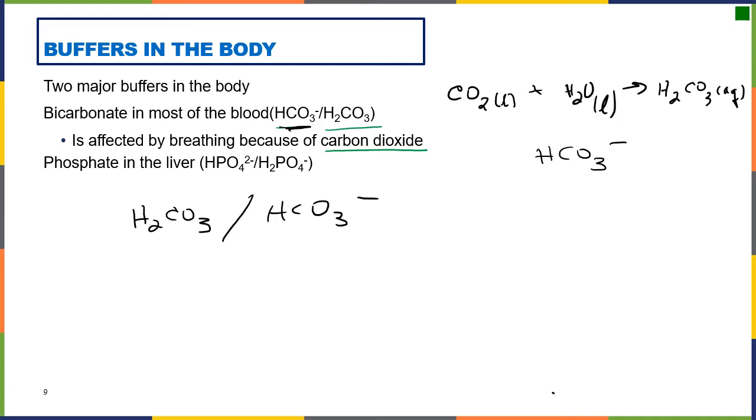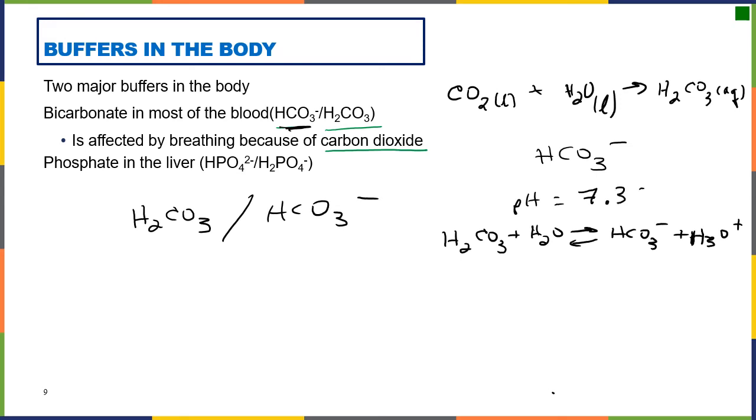If we look at the reaction of this, we have H2CO3 reacts with water to make HCO3 minus plus H3O plus. And this is our equilibrium reaction for this particular buffer. So how does this work? Well, we certainly don't want a massive change in our blood pH. We would really like it to stay constant at a pH in our blood of about 7.35.